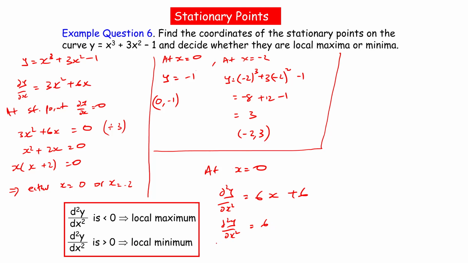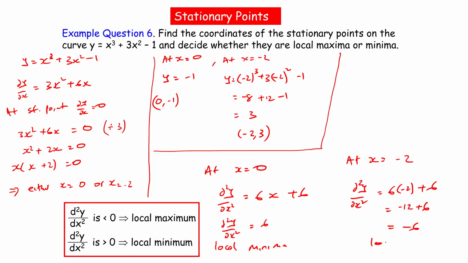So this is a local minima. And we say at x equals minus 2, d2y over dx squared is going to be equal to, if we sub in here, 6 times minus 2 plus 6, so it's minus 12 plus 6, it's negative, so it's going to be a local maxima.